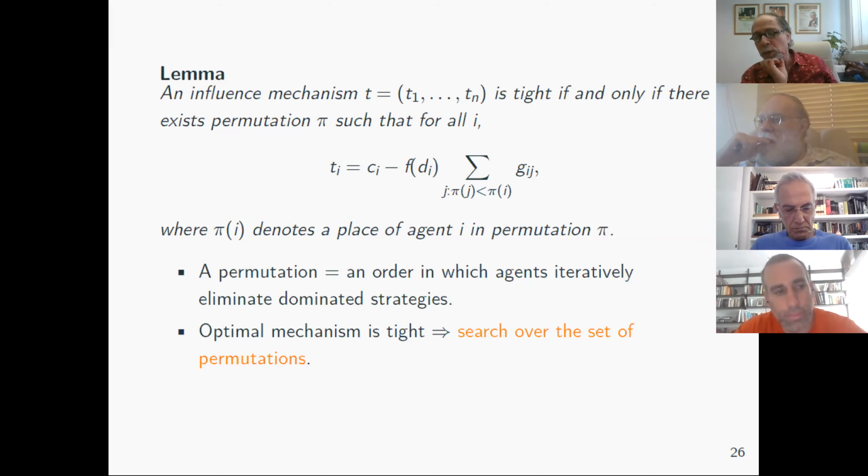But if I reduce the transfer to one of them, even slightly, there is not going to be uniqueness. There might still be an equilibrium in which all of them take the action, but not a unique equilibrium.